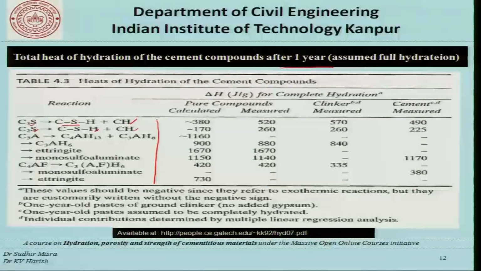If these are the reactions that are taking place, these are the kind of heats which are evolved upon complete hydration. These numbers here for C2S, C3S and so on help us determine the total heat which will be evolved for a particular cement, which may have different compositions of C2S, C3S and all that.